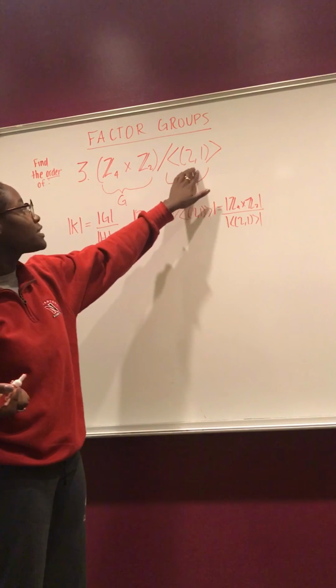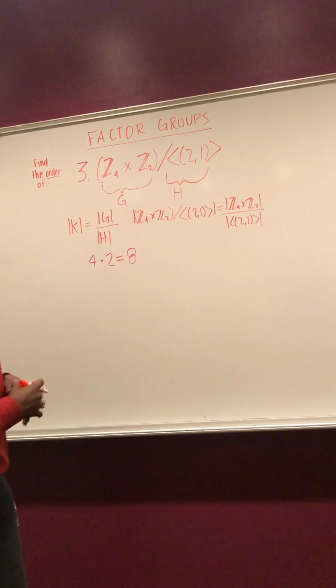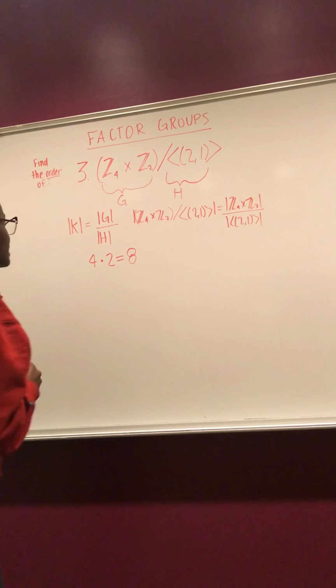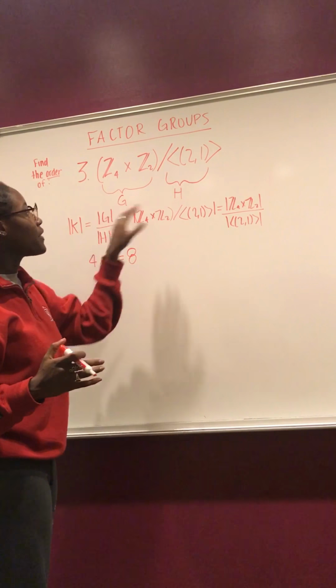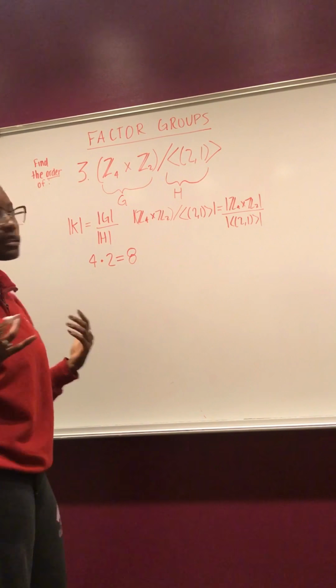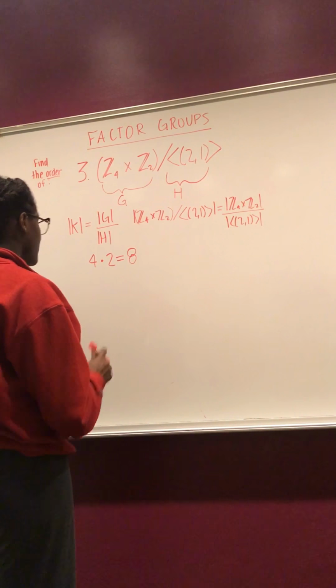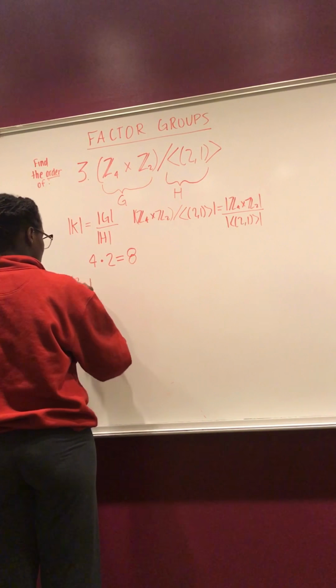And for H, the subgroup, it's going to be a little bit different in that we actually have to do a little bit of math to figure this out. So we have (2, 1).